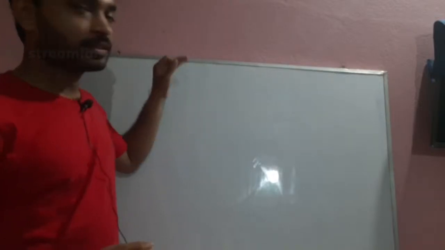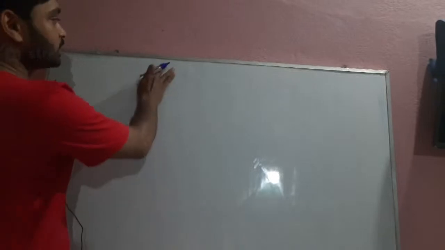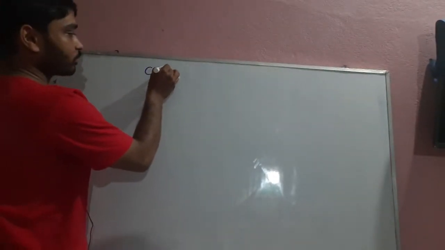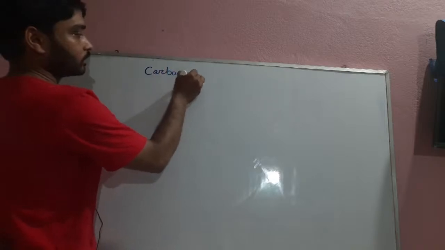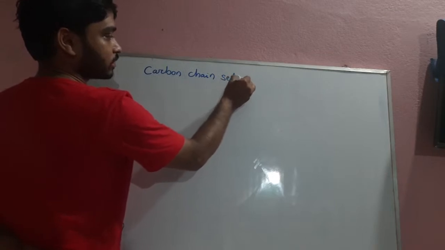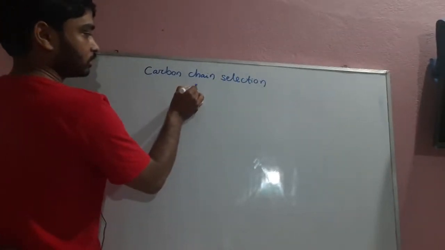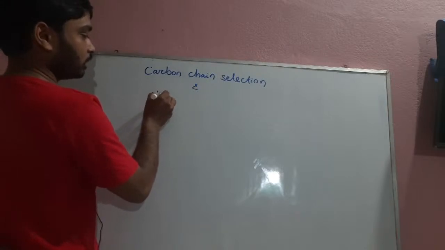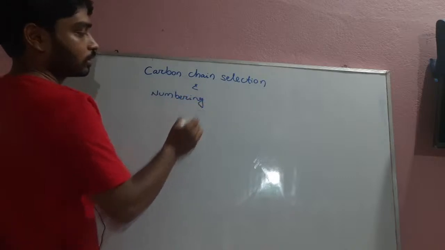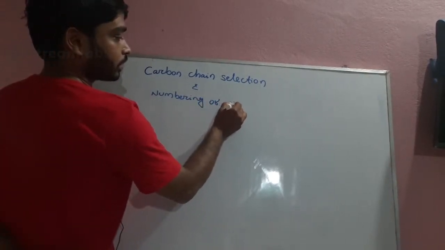Today we will practice the IPC nomenclature section: carbon chain selection and numbering of the carbon chain.